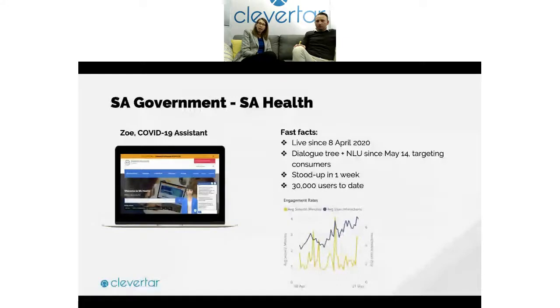What we found is that the number of users essentially mimics the number of users on the website. So as website usage goes up, so does Zolly's use. As website use goes down, so does Zolly's use. So it does actually make it quite a predictable service for SA Health.